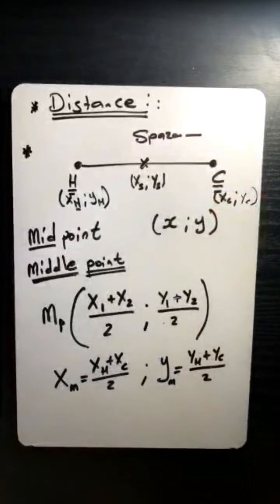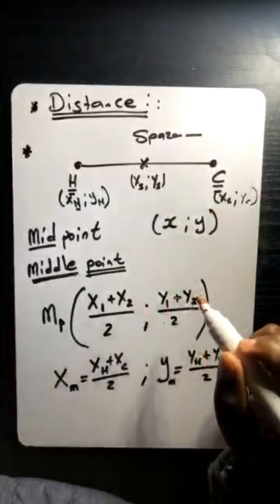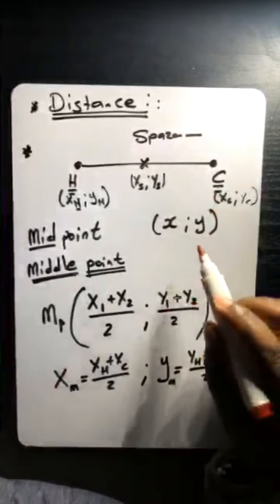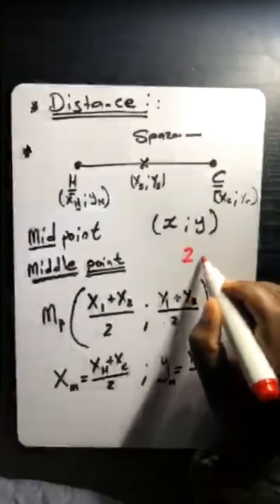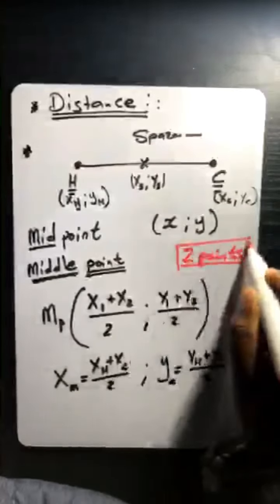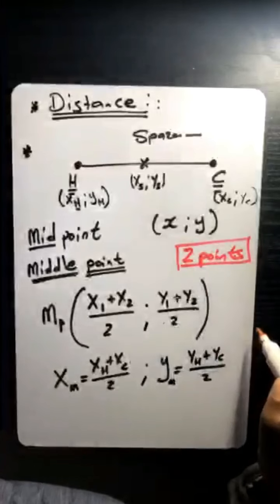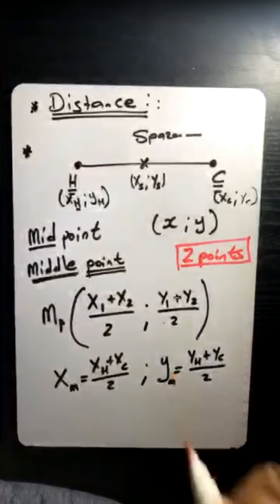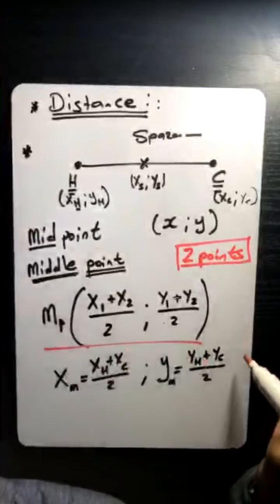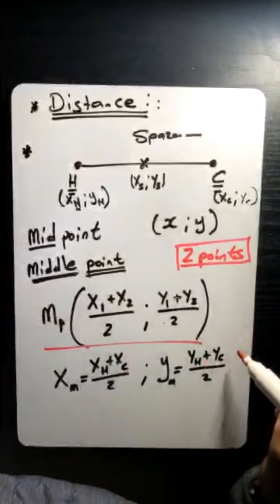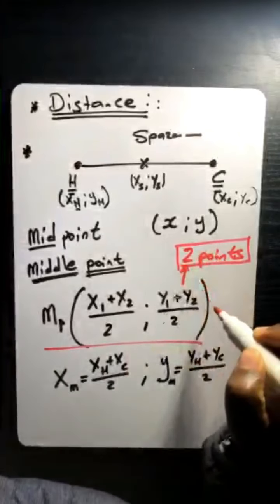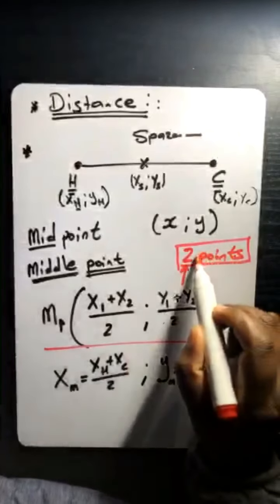Something very important, which is common to the distance formula, is that in this case also, you need 2 points. Without 2 points, you cannot use that formula. What I like about these formulas is that you must at all times have 2 things, not necessarily 2 points.